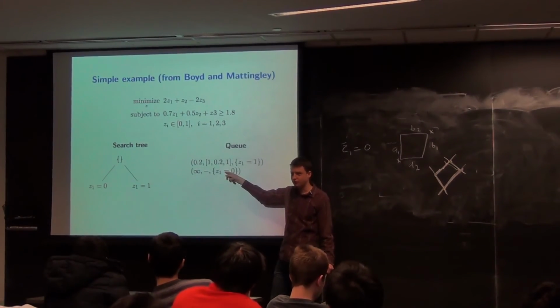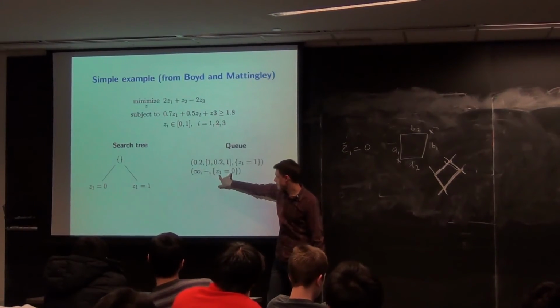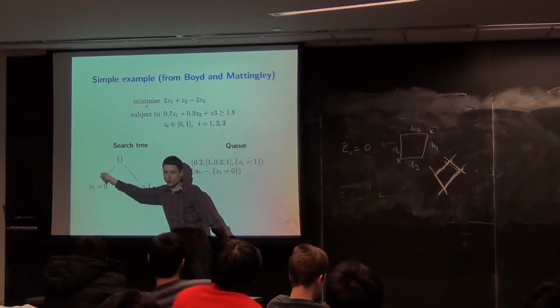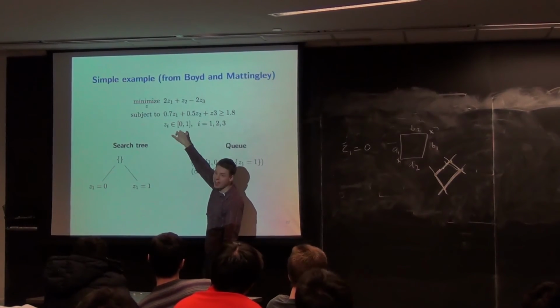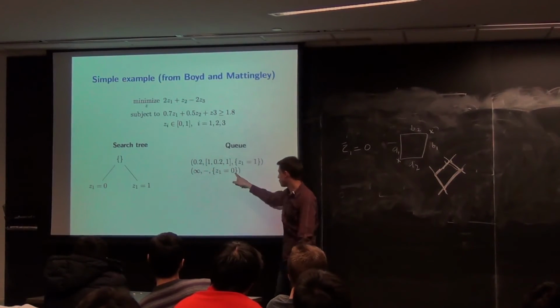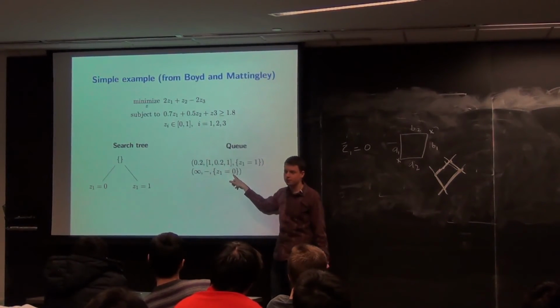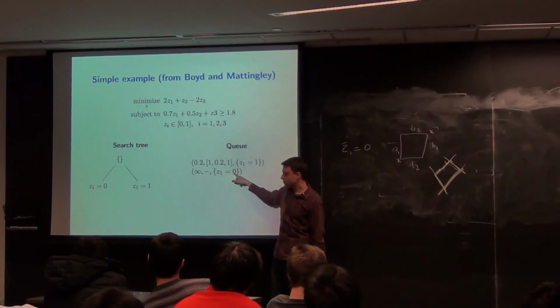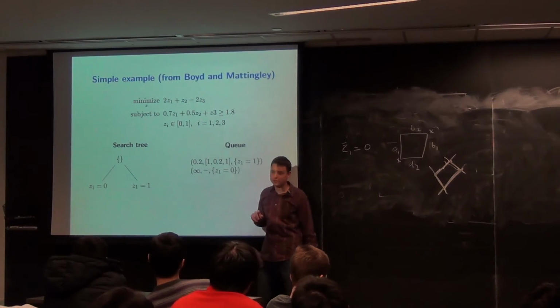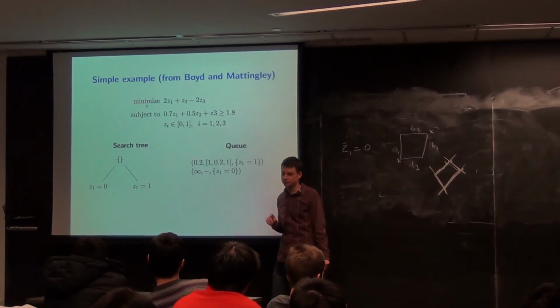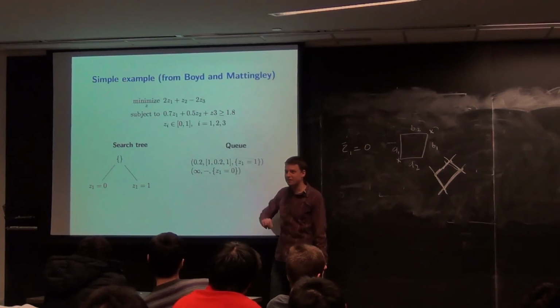Does everyone understand what's happening here, the notation here? OK, so let's look at this one first. This is this branch of the tree. I'm solving this original relaxed problem plus the constraint that z1 equals 0. When I do that, I get no solution at all. It's infeasible, so you cannot have that thing be 0.